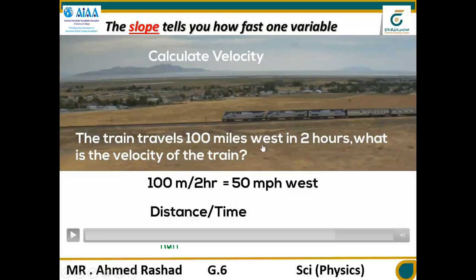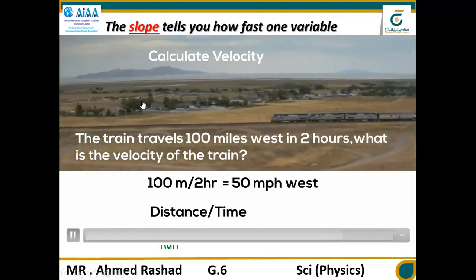Why? Because there's the direction and the amount of distance. So the distance is 100 miles and west is the direction, in 2 hours, the time. So this is velocity, not speed. This is the difference between velocity and speed.